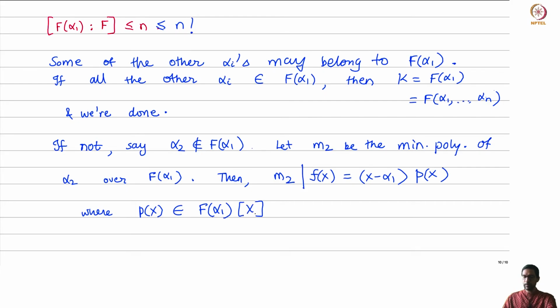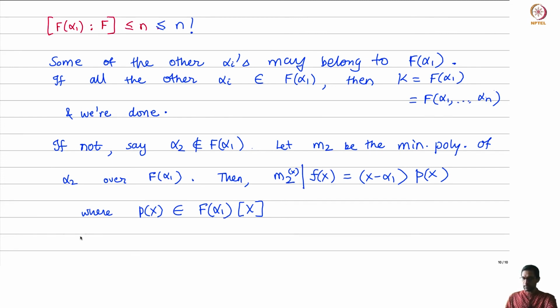Of course when you go to K, p of x will be the product of the other factors, x minus alpha 2, alpha 3 and so on. But because alpha 1 belongs to the field F(alpha 1), I can pull out that factor alone and think of the remaining factors as being some polynomial in F(alpha 1)[x]. So m2 of x must divide x minus alpha 1 into p of x. This is just the factorization in this polynomial ring.